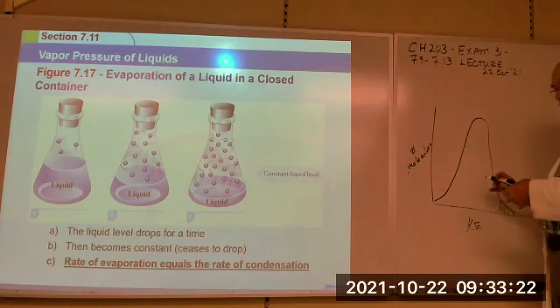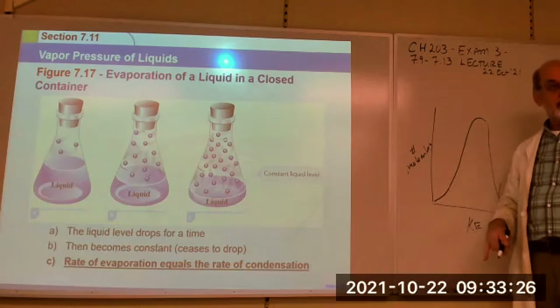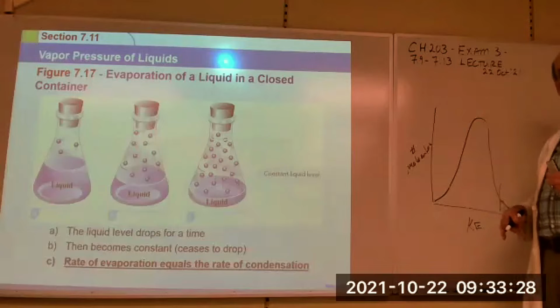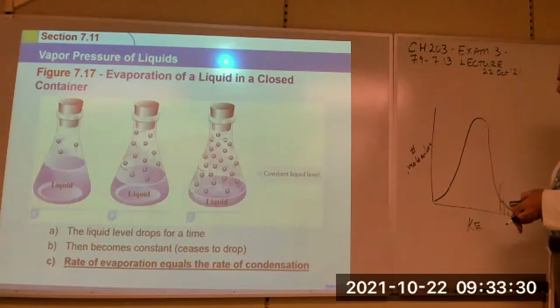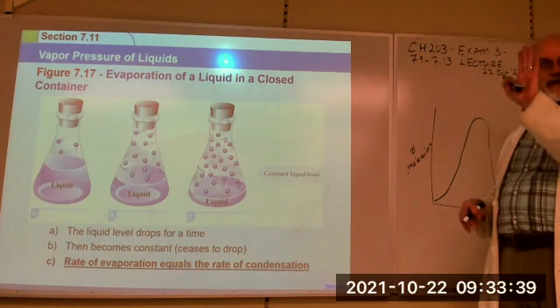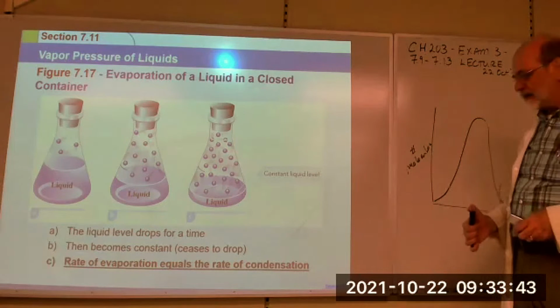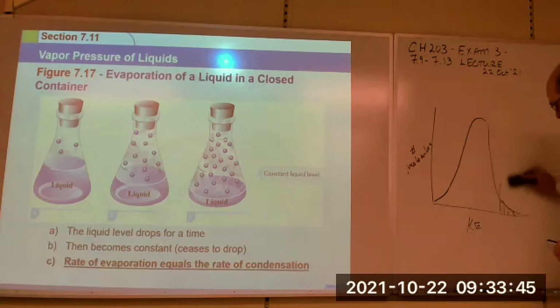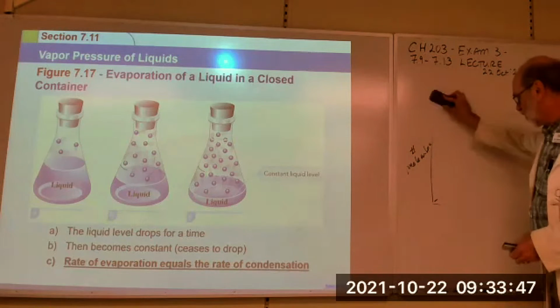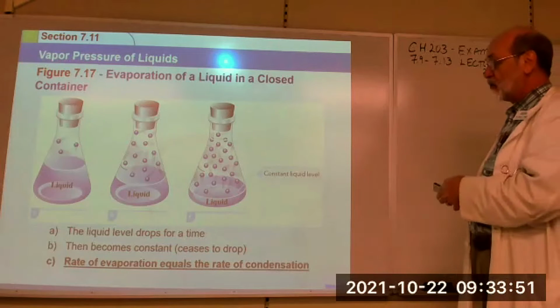And some of those will have low amounts of kinetic energy, so low that they'll return to the liquid. Okay, so you get that exchange. Eventually you reach an exchange where the condensation rate is equal to the evaporation rate. And that's an equilibrium state. Okay. That's probably more information than you wanted, but I thought it might be useful.